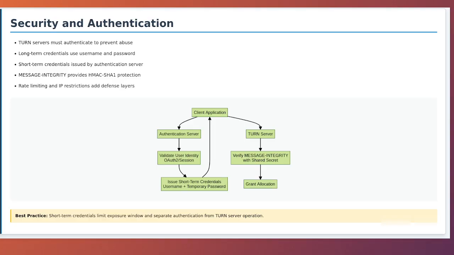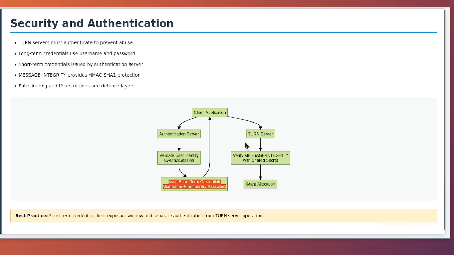When a client requests TURN access, it first authenticates with the authentication server using whatever authentication mechanism is appropriate for your environment, such as OAuth 2 or session cookies. The authentication server then issues short-term TURN credentials valid for a specific duration, typically 24 hours.